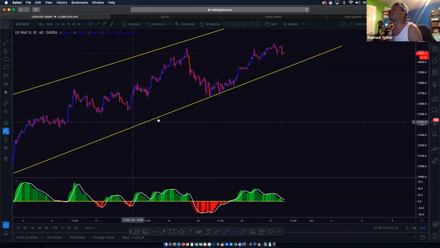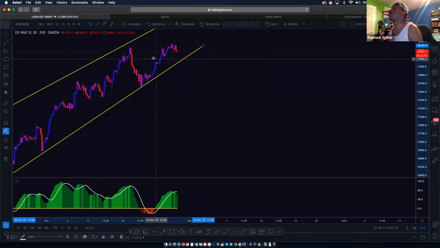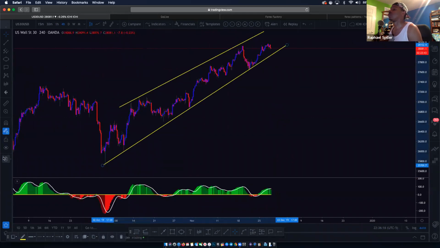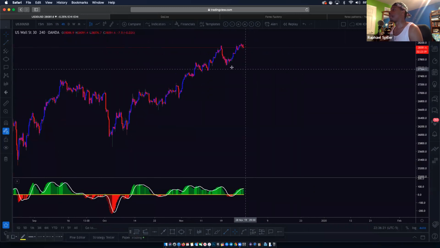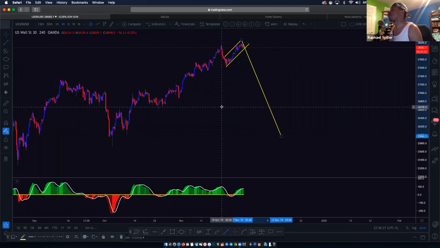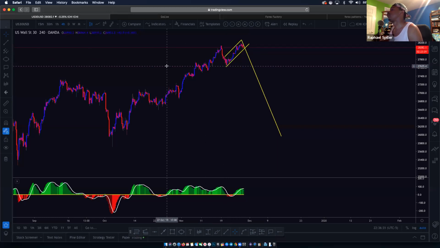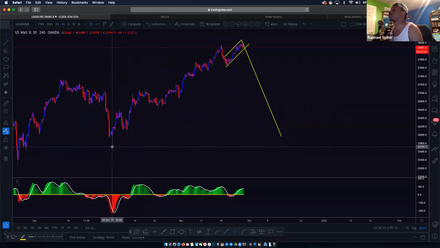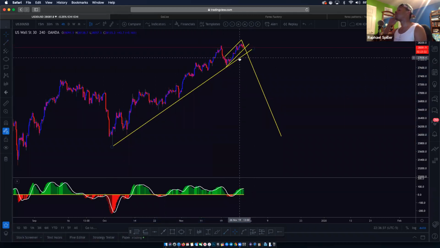But I do see, let me go ahead and reverse this and put this on correctly, I do see a flag occurring to catch this whole move. I definitely see that, for sure, but it's at a support level.